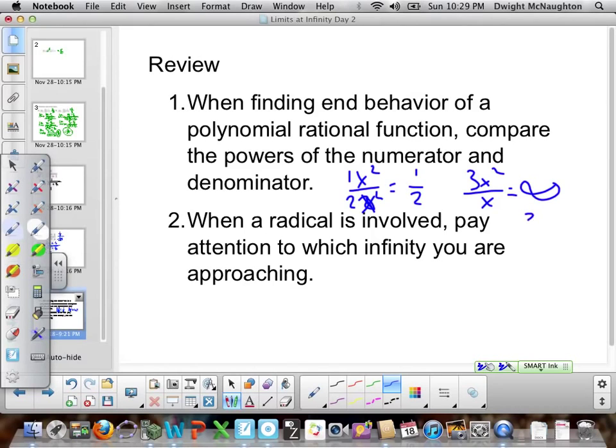And if the bottom is higher, it's 0. Don't think I said that right the first time. If the numerator is higher, it doesn't exist, and if the denominator is higher, it's 0.